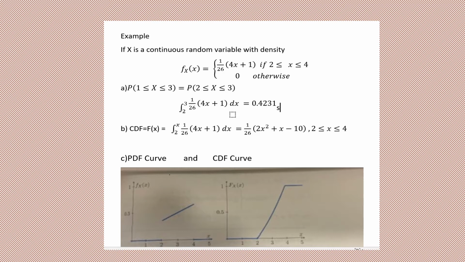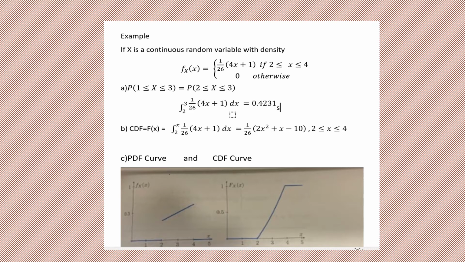Then the diagram will look like this. And if you're interested in finding the probability of 1 through 3, you don't have anything less than 2, so 1 through 3 is the same as 2 to 3. And that probability will be the integral of this between 2 to 3, which is 0.4231.